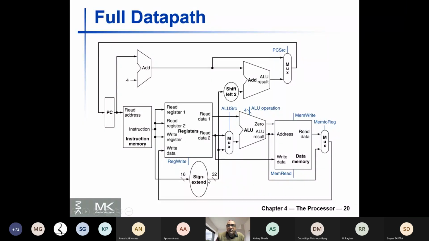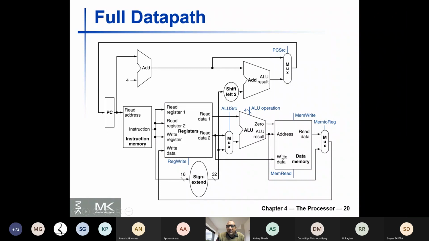Another possibility of writing back is when you're performing arithmetic operations like R format instructions, where the end result will be written into the register. So there are two possibilities for these types of instructions. Therefore a multiplexer is required to pick which one has to be used, and that will be driven by the control signal given as input to the multiplexer.